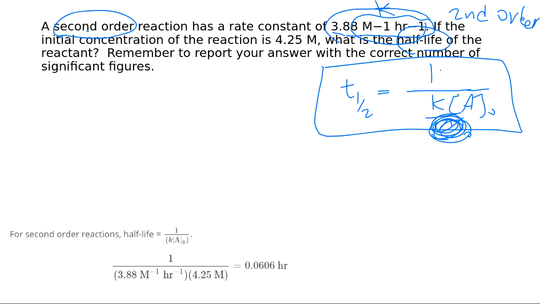If it says initial concentration, we write this as A0. It says rate constant, so we have the value for K, we have the value for A0, and we're trying to find the half-life. If the half-life was given to you, you could find either one of them. There are 3 variables; 2 should be given to you and 1 is the question.